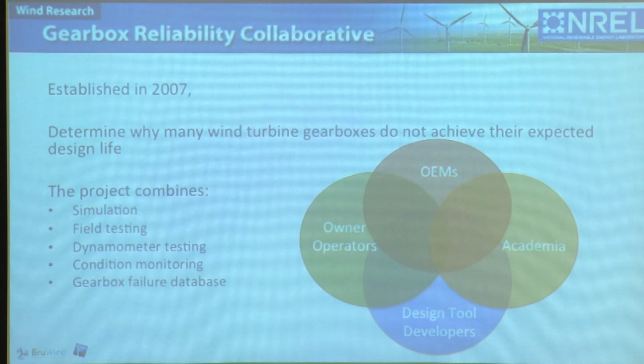Now it's less, but at the time there was a lot of failure with gearboxes, and it was brand unspecific. So the different OEMs were having similar problems, although their quality was very high. So there was the perception that there was something missed in the design. There is something that's not captured in the standards, and there's something that needed to be learned in order to improve design such that you don't get this failure anymore.